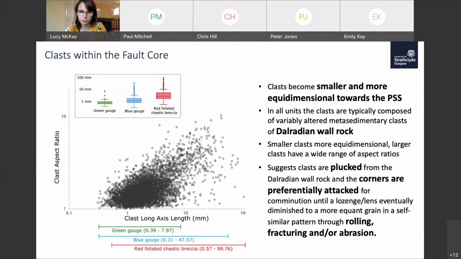So in the green gouge, the clasts are small. In the blue gouge, the clasts are larger, have a wider range in aspect ratio, and then in the red foliated chaotic breccia, as you move further away still, the clasts are larger and have an even wider range of aspect ratio. This all suggests that the clasts have been plucked from the Dalradian wall rocks and that they've been preferentially attacked until this lozenge lens shape eventually diminishes to a more equidimensional grain through rolling, fracturing and or abrasion.